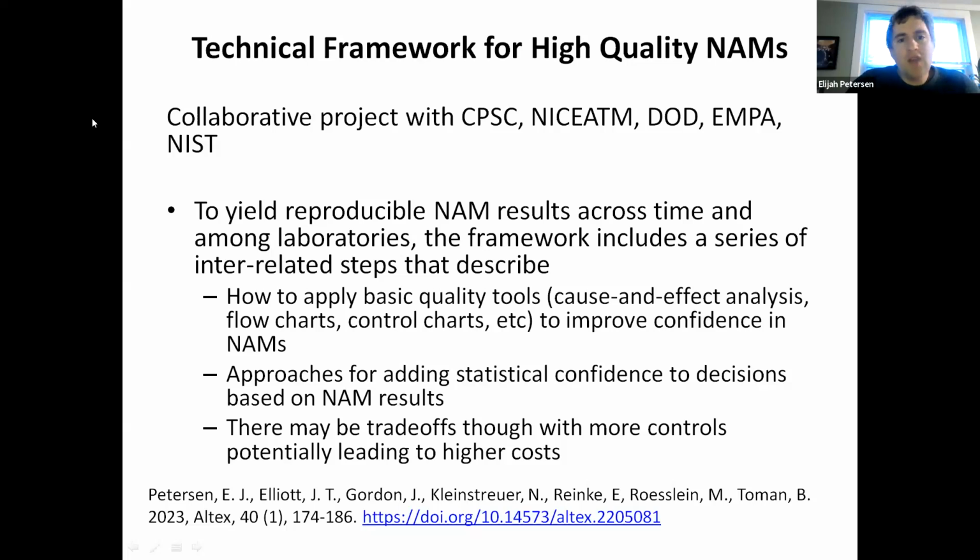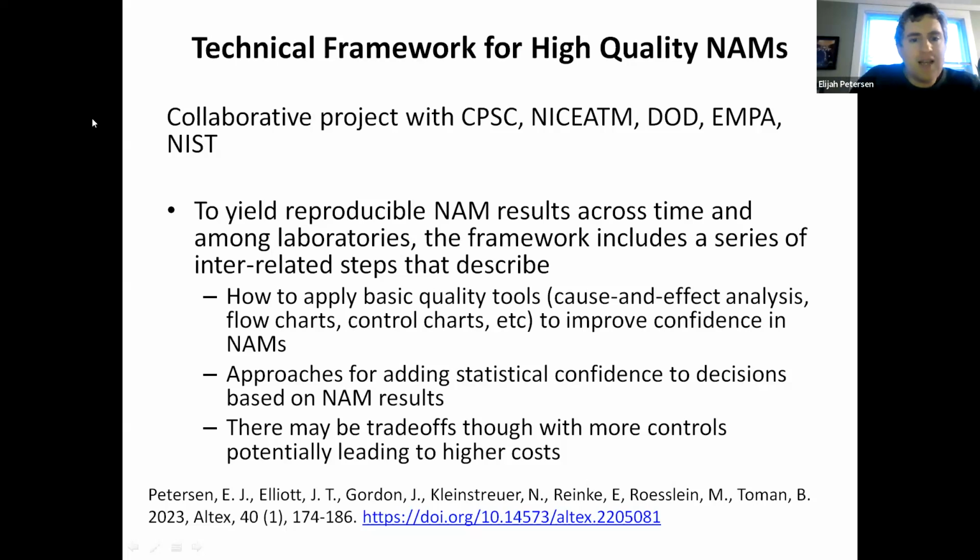So what we tried to do is, of course, everyone wants reproducible NAMs that give similar results across time and among laboratories, but how to get there, that's really the key question. One of the things that we recommended was to apply basic quality tools similar to those in quality manufacturing to assess NAMs. And as I'll describe in the next slides, we also described a process for adding statistical confidence to these decisions.